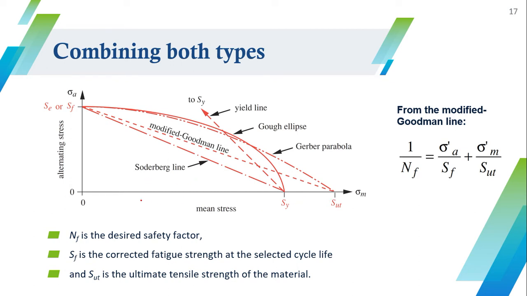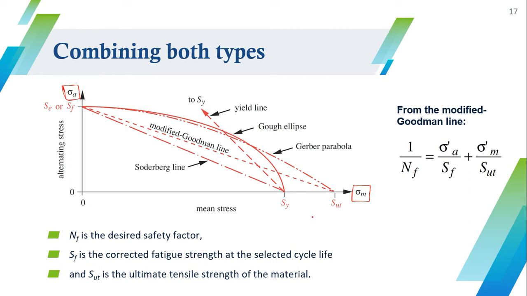For that we have this famous diagram on which we have the mean component of stress on the x-axis and the alternating component of stress on the y-axis, right?